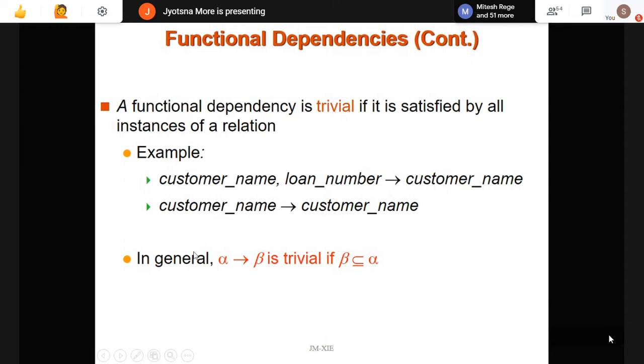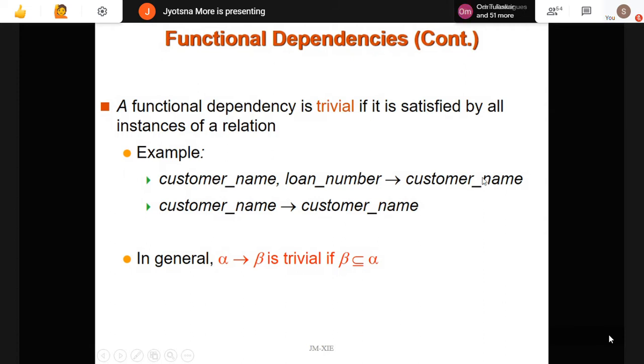How? See this. This is the definition for checking a trivial functional dependency. If we are saying alpha determines beta is trivial, this part is alpha and this part is beta. When is it trivial? When beta is a subset of alpha.